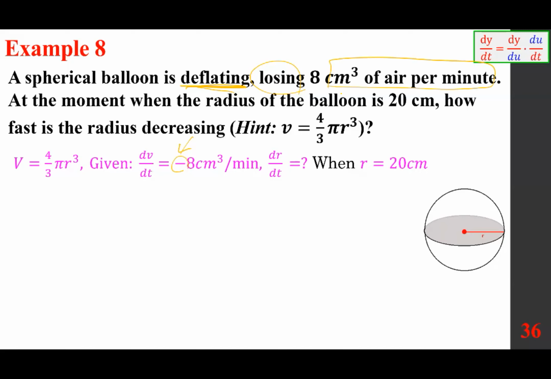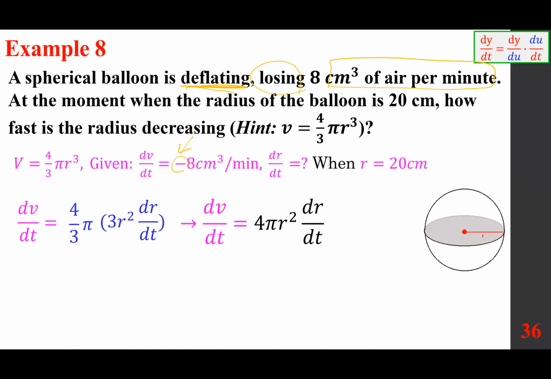We've already done this, 4/3 pi times 3r squared dr dt. You can go back to your notes, which makes it 4 pi r squared dr dt. Let's plug in what we have. You can divide both sides by 4 pi r squared, and we did that in the previous one. In this case, I'm going to just plug in.